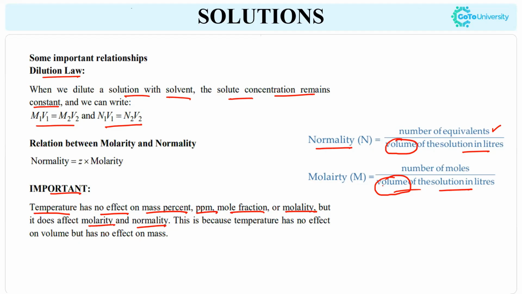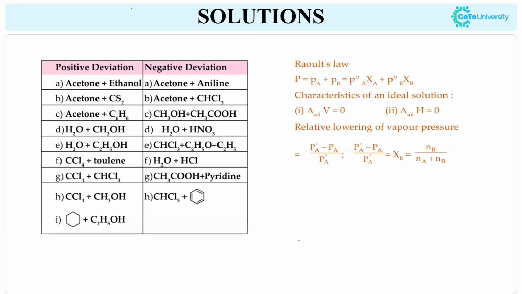So what will happen? The normality and molarity will also change. Okay. This is the thing regarding the normality and molarity. So temperature is affecting the volume but not the mass. Okay, that's it.